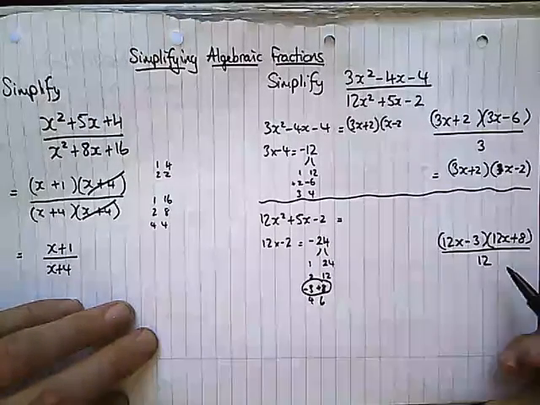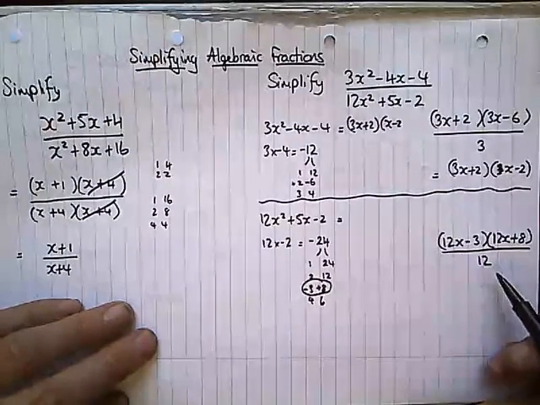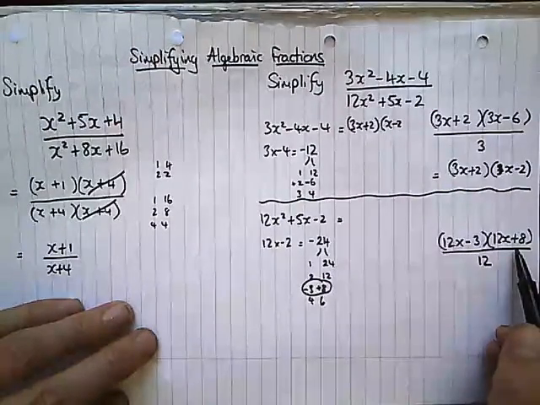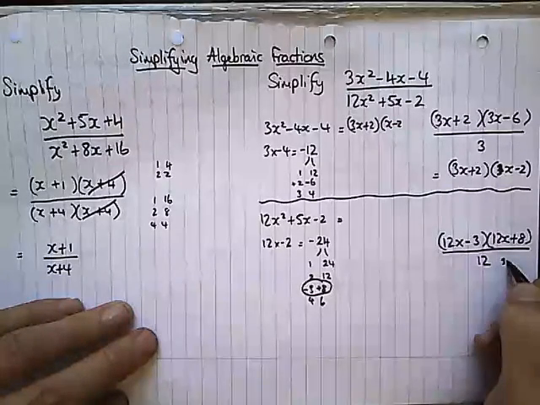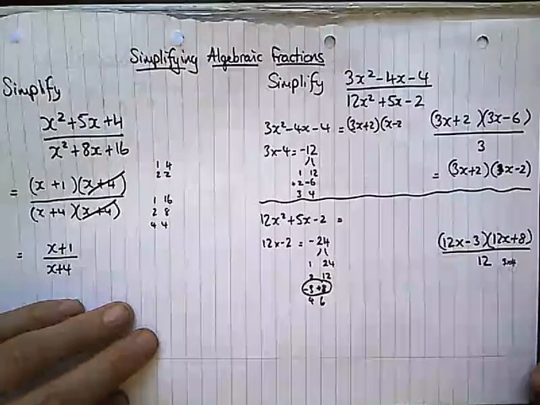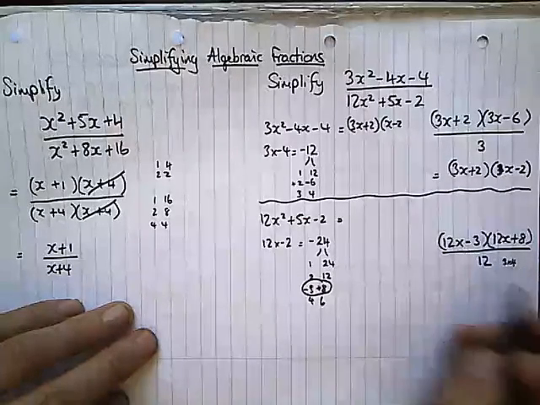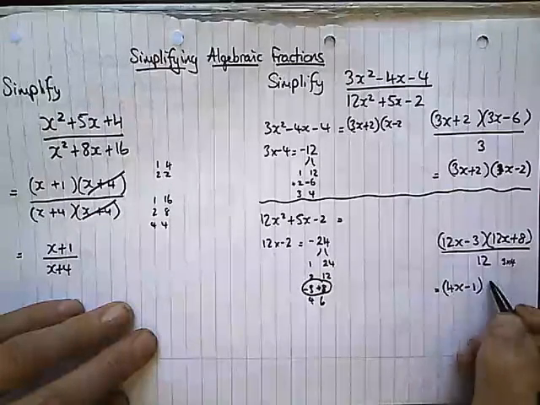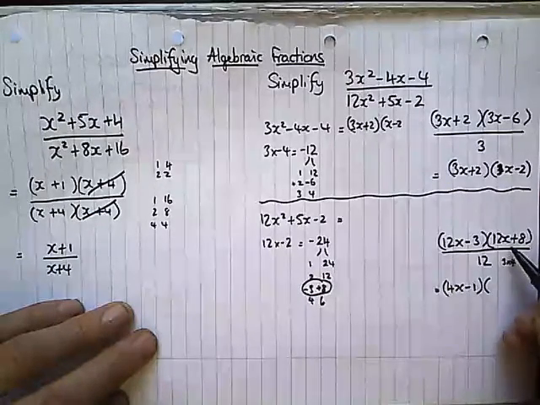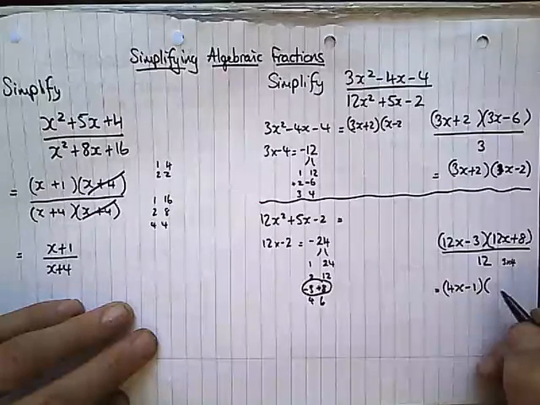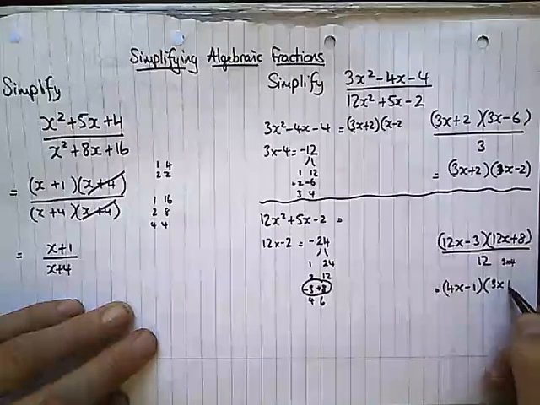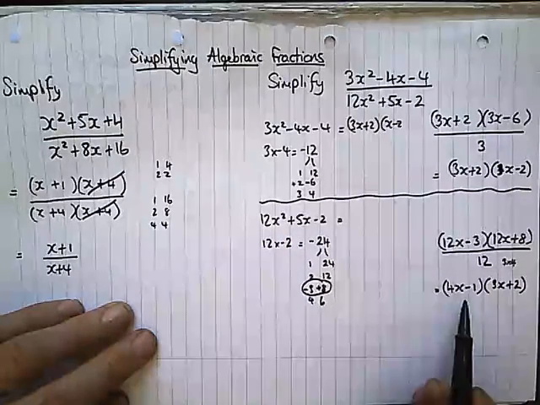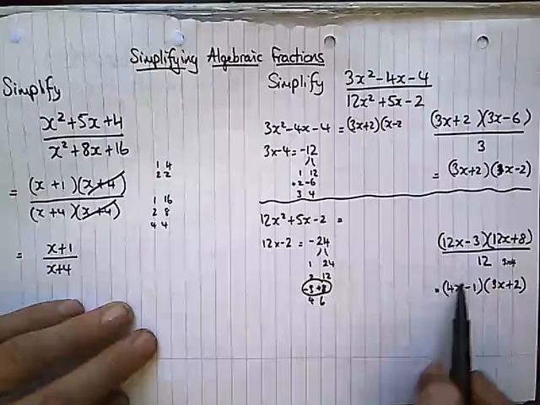So 12 doesn't go into either of these brackets, but if I broke this up, 3 would go into the first bracket and 4 would go into the second bracket, because 12 can be written as 3 times 4. Okay? So 3 is going to go into the first bracket, and that's going to leave us with 4x minus 1. And in the second bracket, we're going to divide both 12 and 8 by 4. We get 3x plus 2. Okay, so 12x squared plus 5x minus 2 can be written as these two brackets in a factorised version.